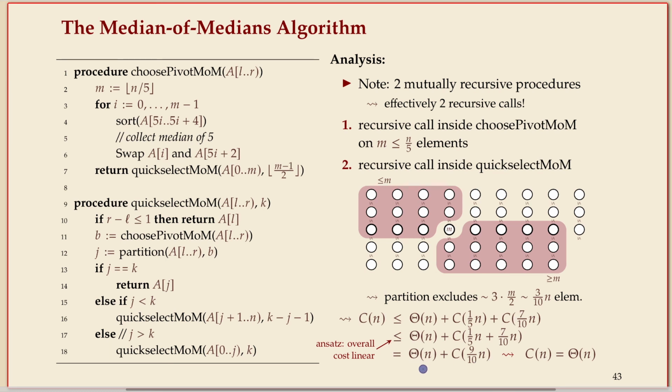So you have linear cost for the partitioning, and you have recursion on total size 90% of what you had. And remember from the last slide, that's good enough to guarantee overall linear time. As long as you can have a constant strictly less than 1, you get linear time. And so that's worst case. So even theoreticians are happy now.